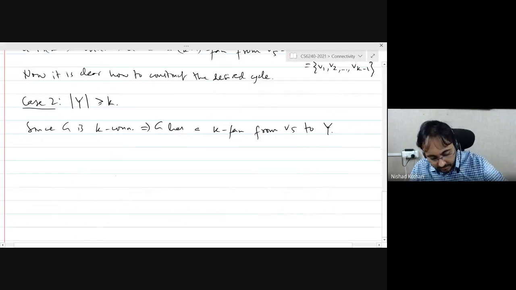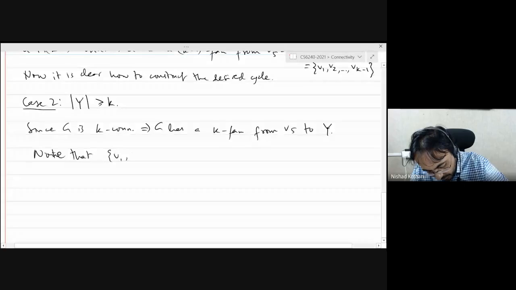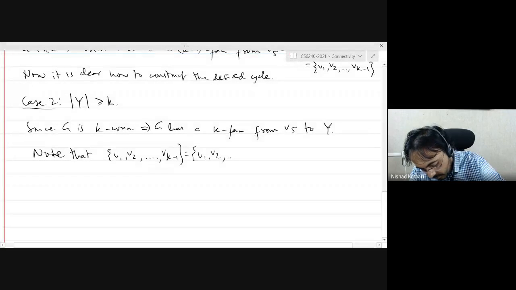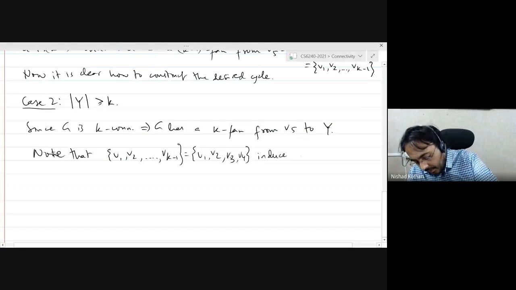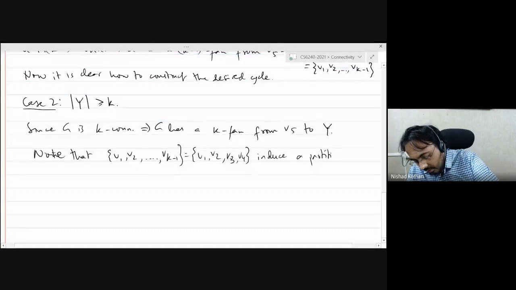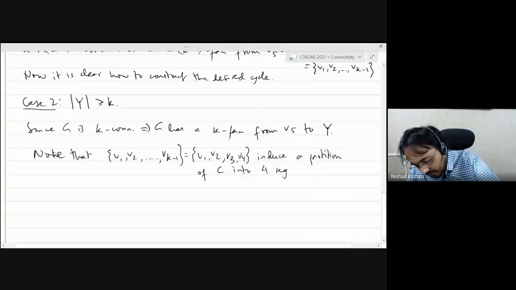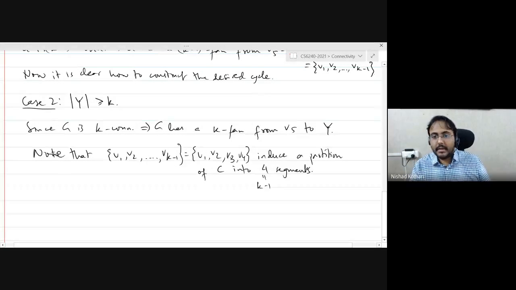And in this case, note that the vertices V1 up to Vk minus 1, which in our case is V1 to V4, I'll just use the word induce a partition of the cycle into four segments, right? Or in general, k minus 1 segments, right?